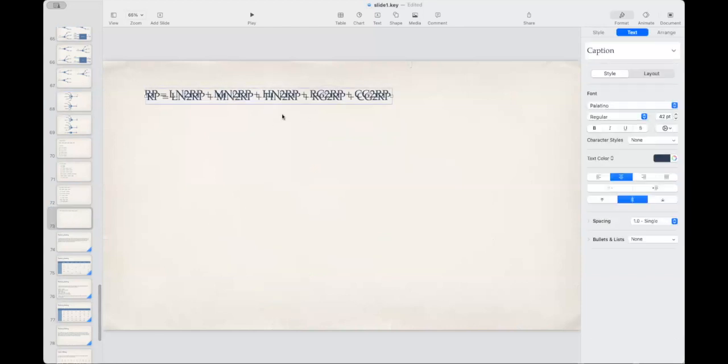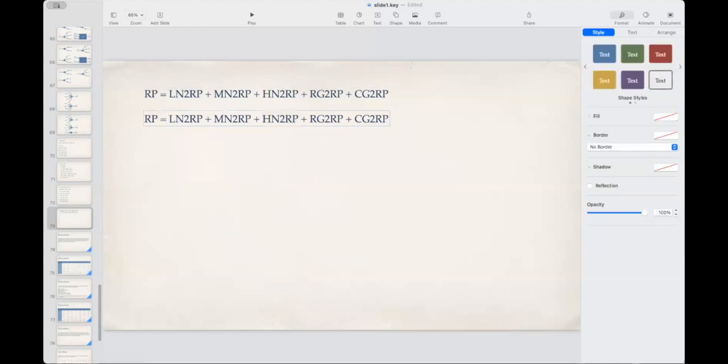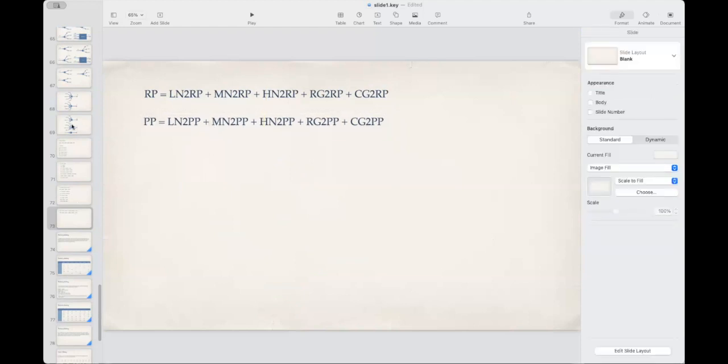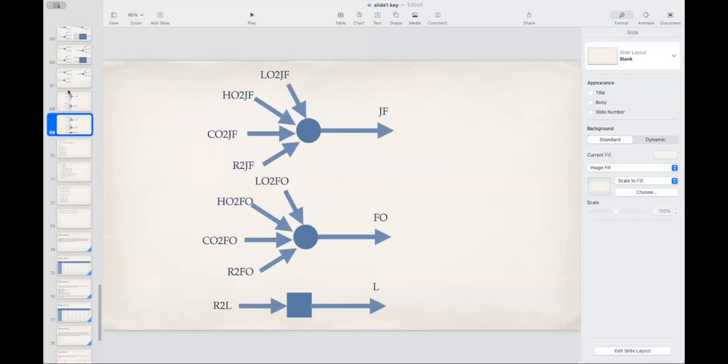The same rule applies to PP: Ln to PP, Mn to PP, Hn to PP, Rg to PP, and Cg to PP. Done. The next one is JF.